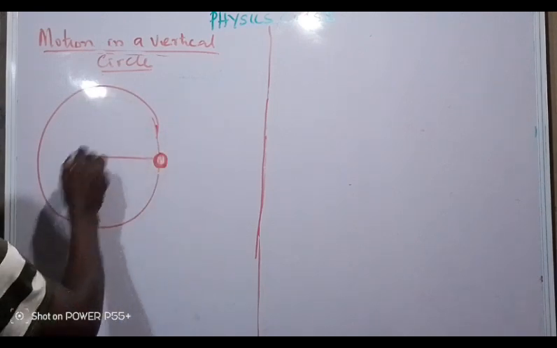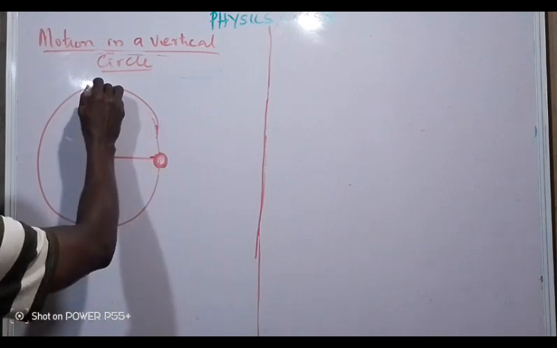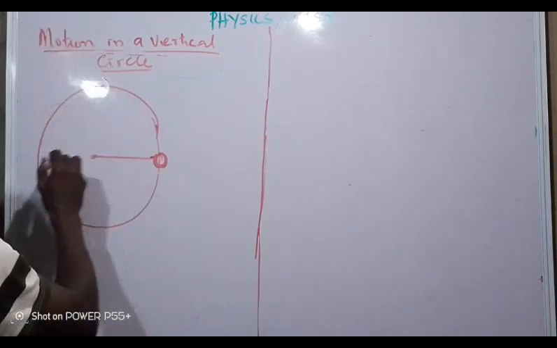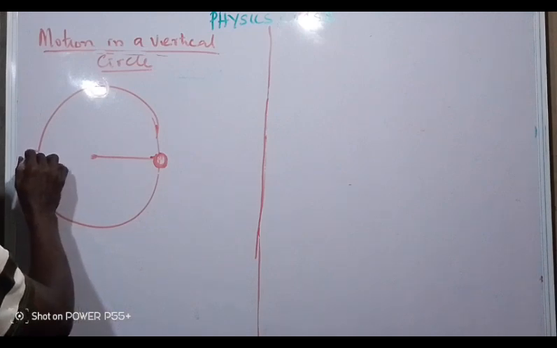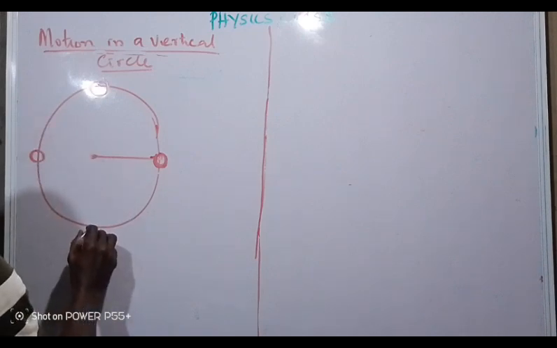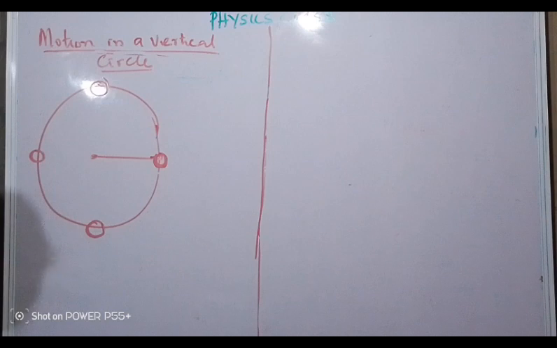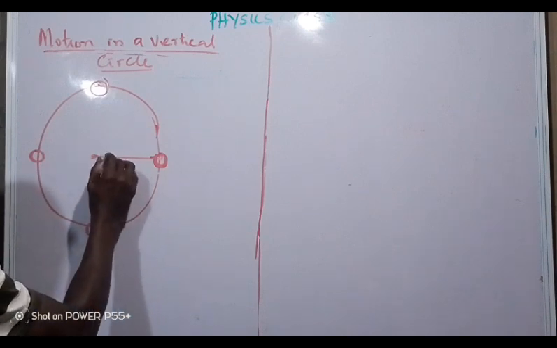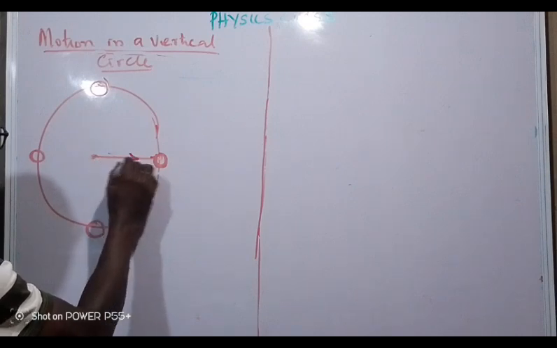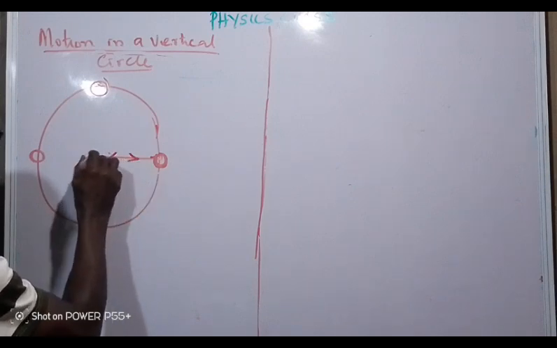When it moves toward this end, and toward this end, and at the same time toward this end, the centripetal force and centrifugal force that will hold it away and inside will be like that.